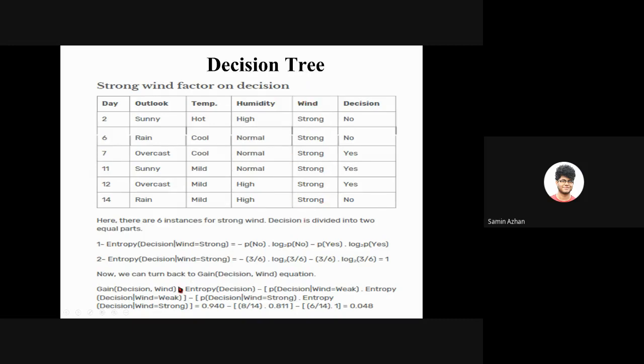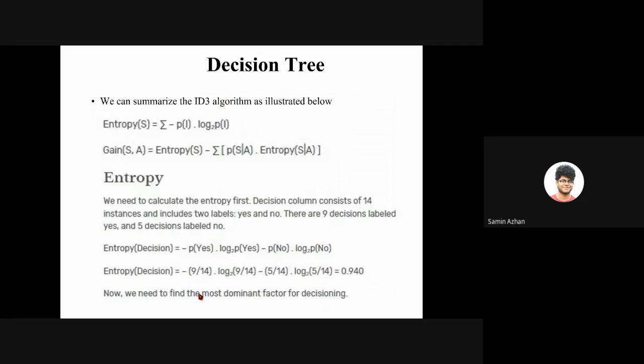So the higher the gain, the better it is for us. Now, how can we calculate the information gain? Remember, at the very beginning, we calculated the entropy of decision. I'll quickly go back here. Entropy of decision, which was 0.94.